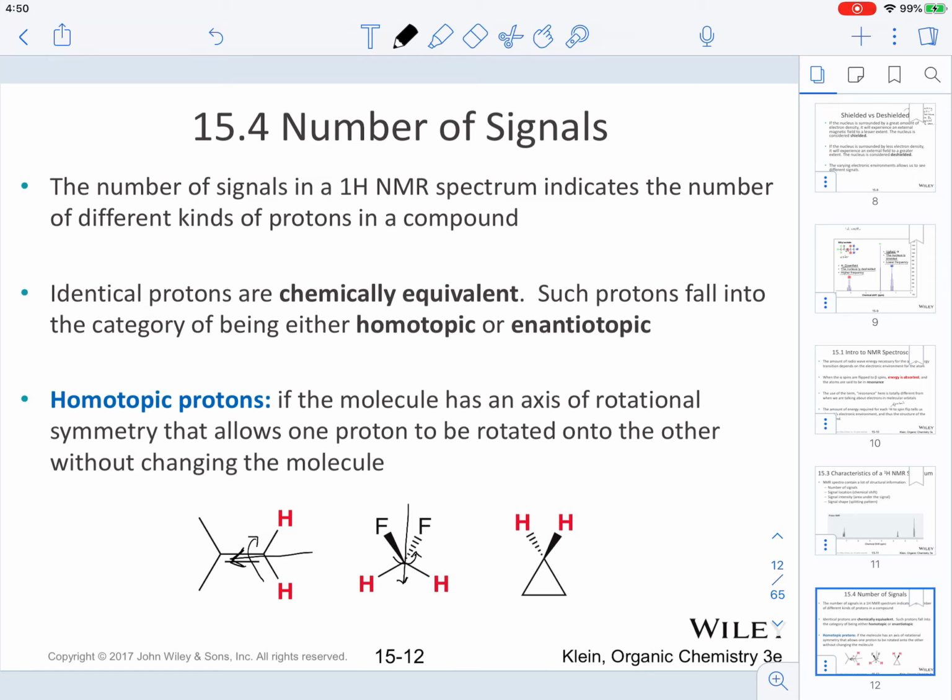Lastly, in the third example, which is that cyclopropane, we can visualize how the 2 protons in the cyclopropane, if we rotate it through this axis, are going to have symmetry. What I mean by interchangeable is just that when you do the rotation, they are going to be placed in the same position, okay? And that's what makes them homotopic.